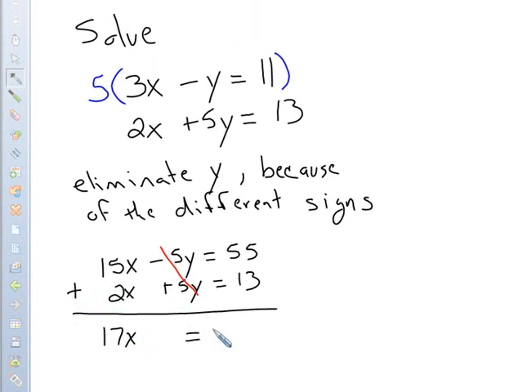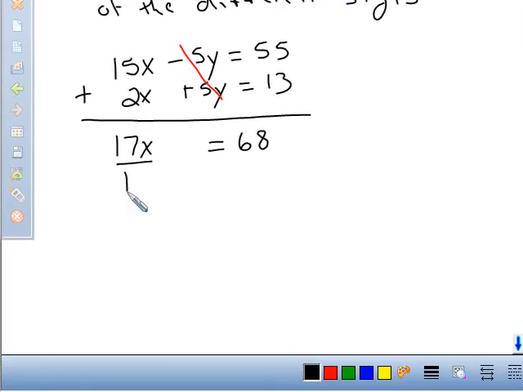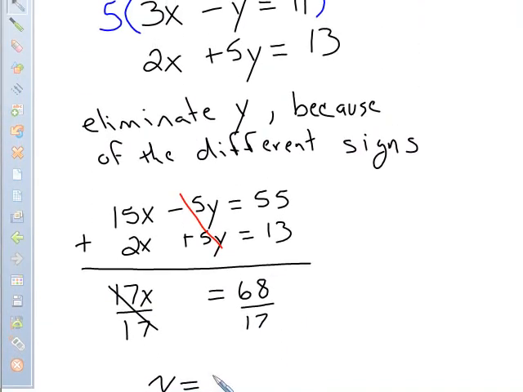And when you put those together, add the x's, you get 17x. Not any y's left, just like you wanted. And that equals 68. See, nice little linear equation, but just one variable. Divide both sides by 17.